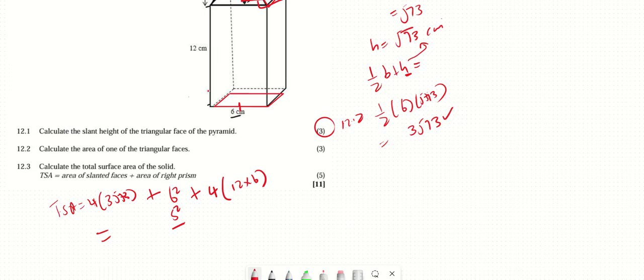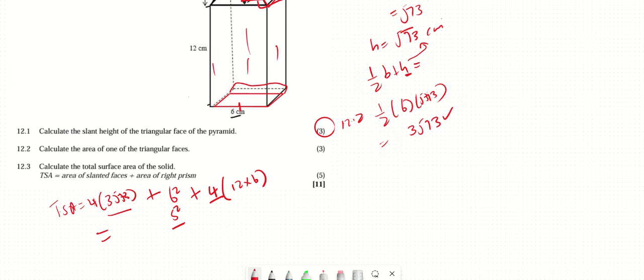In other words, we have the base as one shape, and the other 4 sides. This is the area of the prism. You consider it to be open at the top, because the shapes are joined.